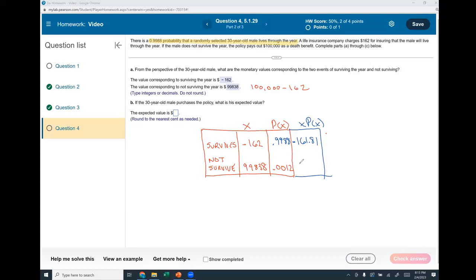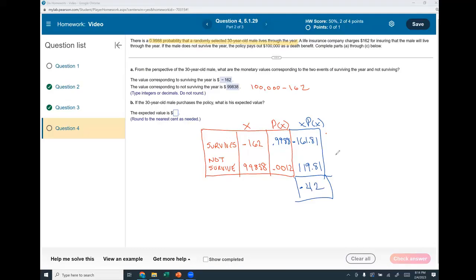That's positive $119.81. So my expected value is the sum, right? So let me subtract 161.81 from that, and I get negative $42.